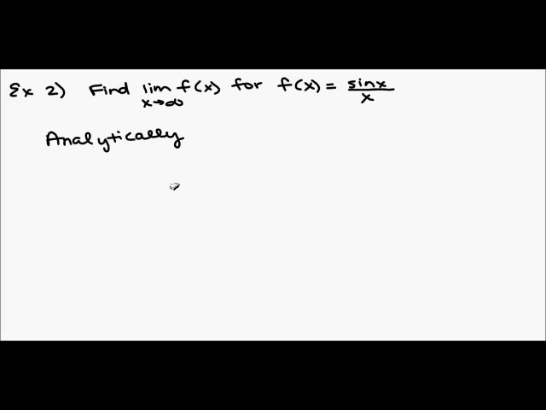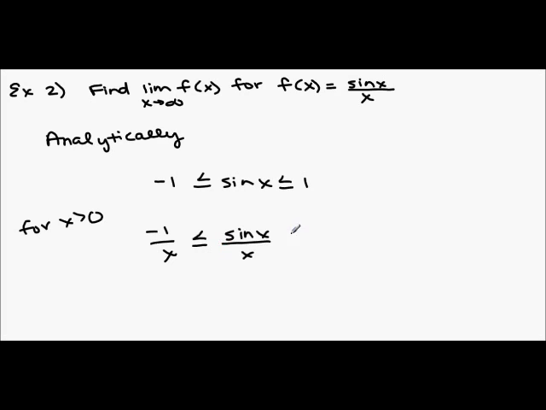Analytically, we know that sine x is always going to be between negative 1 and 1. So as long as x is greater than 0, this is for x greater than 0, we have negative 1 over x is less than or equal to sine x over x is less than or equal to 1 over x.